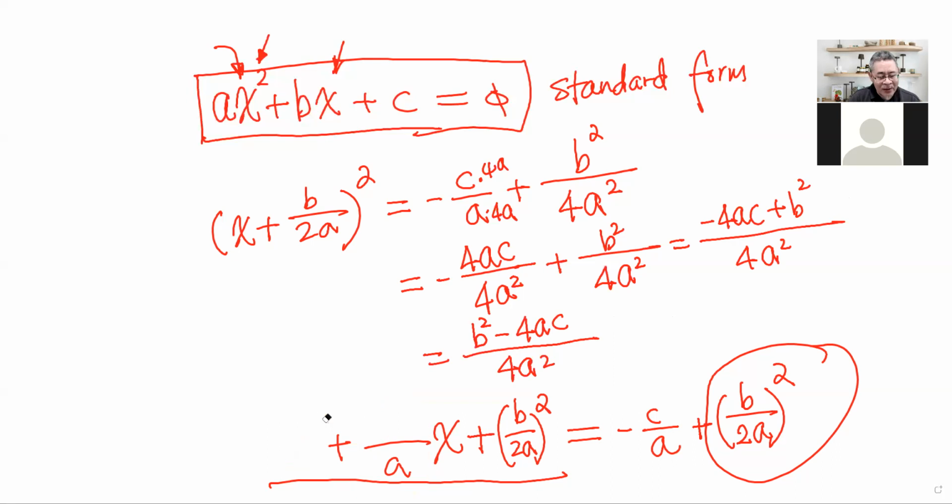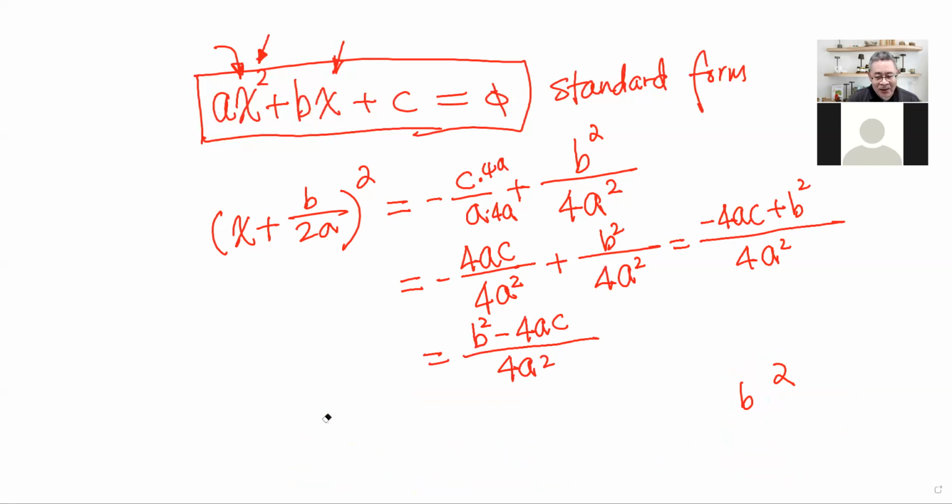Okay, are we good here? So now we can take the square root on both sides, just like we did completing the square. Then on the left-hand side, we know we got this. On the right-hand side, we're going to have a square root.